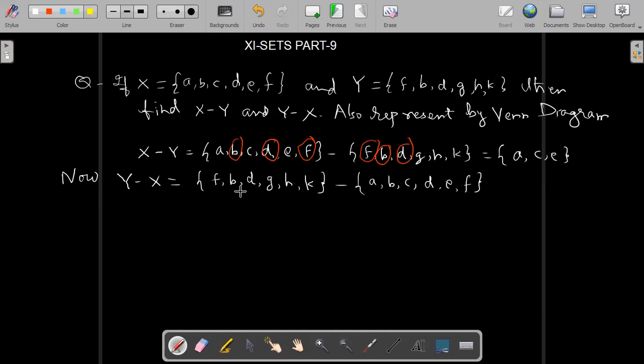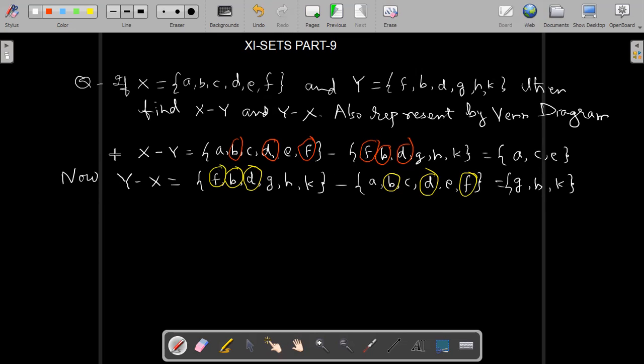So A is not there, B is there, B is there, D is common, D is common, E is not there, F is also there, F is also there. So G, H, K are left. So G, H, K.